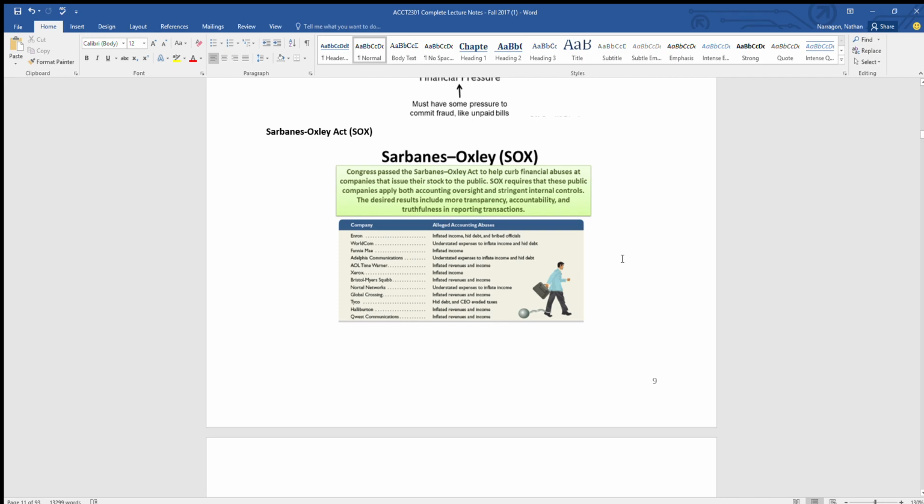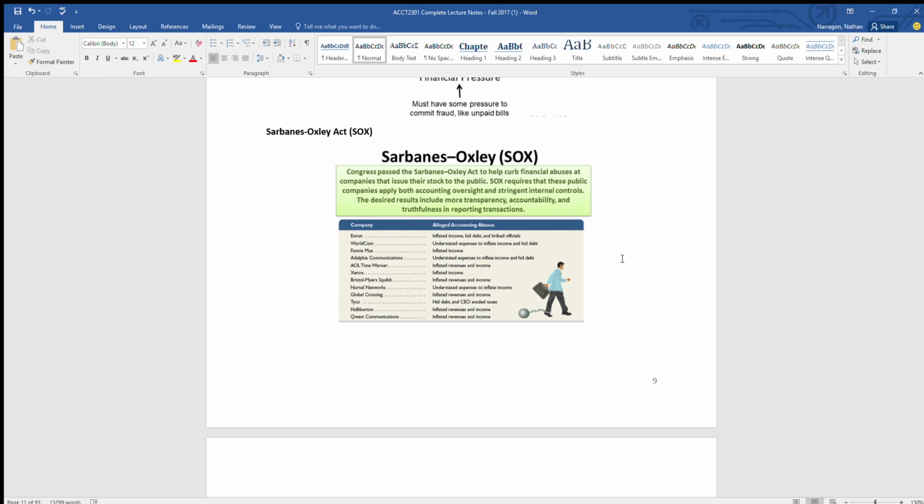They were the top of doing what they can to try and show that they made profit when they didn't. WorldCom is another big one. This one actually was in Houston also, and they understated expenses and inflated income and hid debt. There's Fannie Mae. Some of y'all may know that.